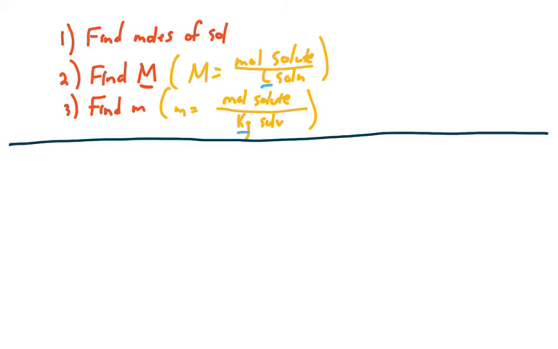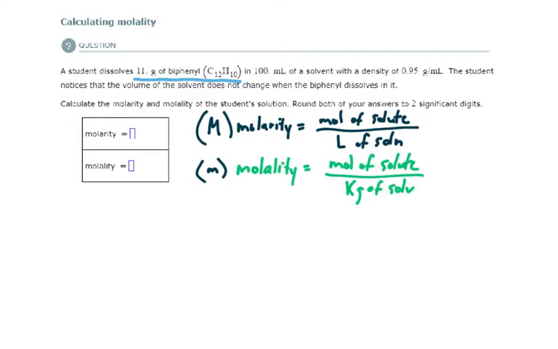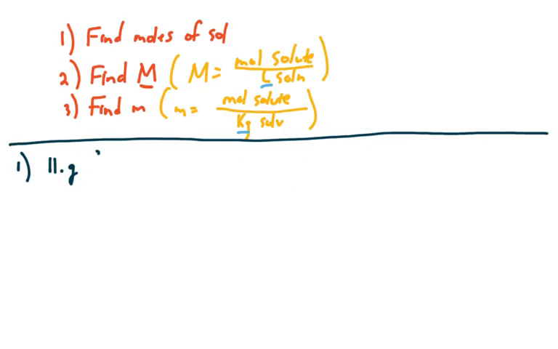So let's go back here and tackle step one, finding moles of solute. I have 11 grams of biphenyl, C12H10. The molar mass of biphenyl is 154.21 grams in 1 mole.